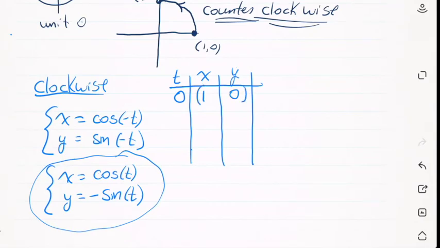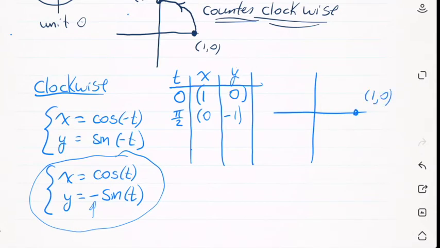If we let t equal pi over 2, then cosine of pi over 2 is 0. Sine of pi over 2 is 1, but there's that negative sign in front here, so this would become 0, negative 1. So right off the bat, we can pretty much tell that this graph is starting at 1, 0, and then as t goes to pi over 2, my next point that gets plotted is this one down here, 0, negative 1.